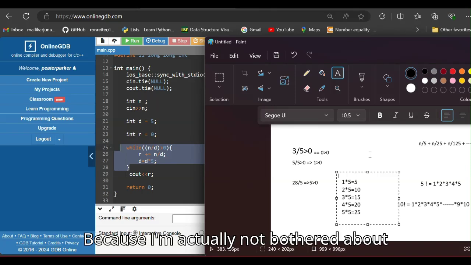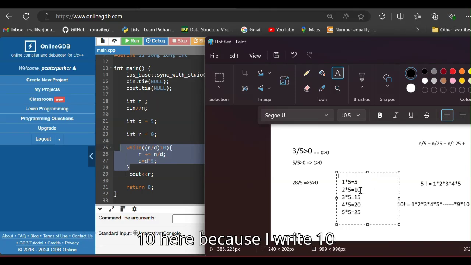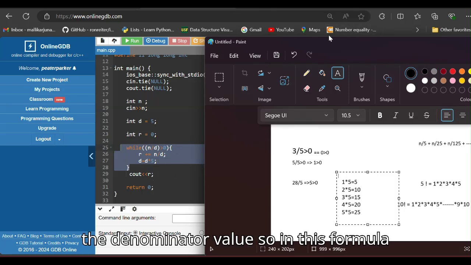I'm not bothered about the 10 here, because I can write 10 as 5 into 2. So again I have to calculate how many fives are present. So understand, that's why I'm writing n divided by 5 here, and d into 5. So why d into 5? It actually increments the denominator value.